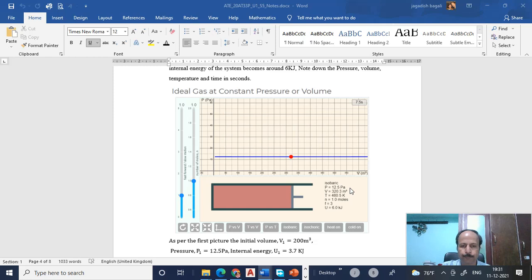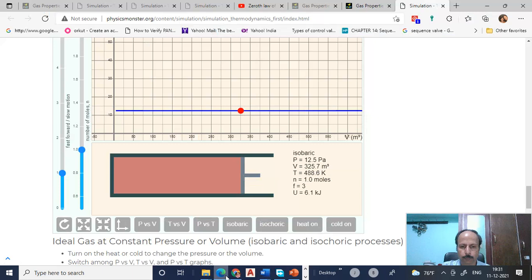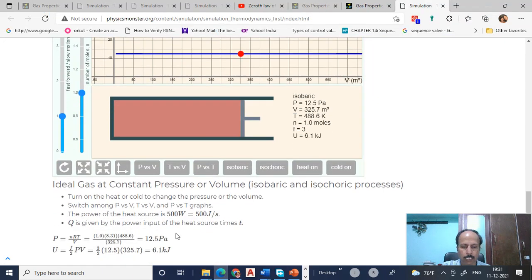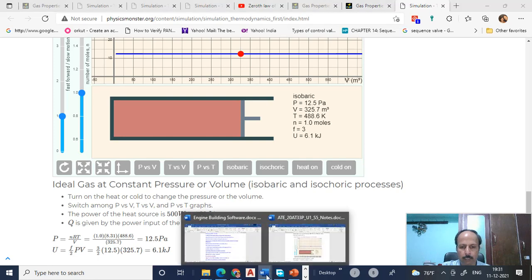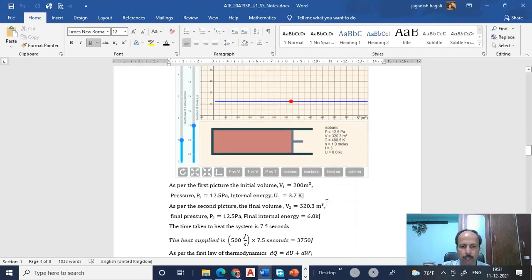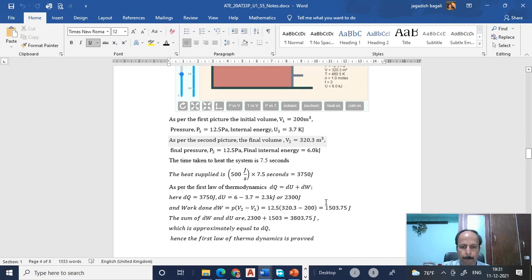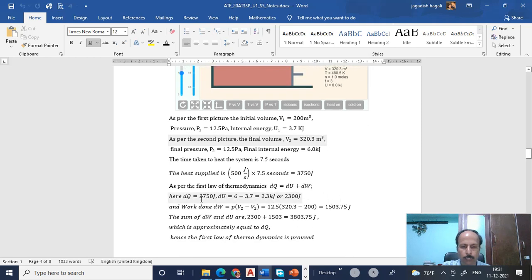And the heat source here is 500 watts, that is 500 joules per second. So you can find the heat supplied using this formula.